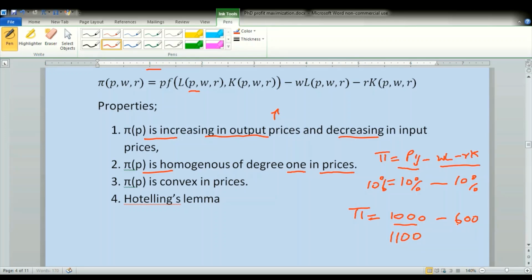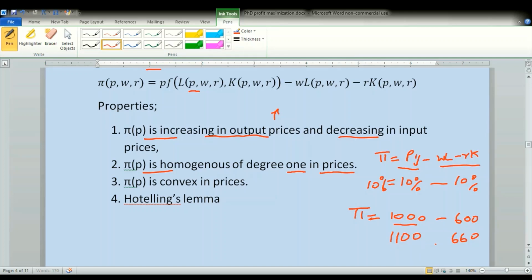Similarly, if input prices are increasing by 10%, this cost will also be increasing by 10%, and so we will be having 660 rupees of cost. And see that previously the profit was equal to 400, 1000 minus 600.